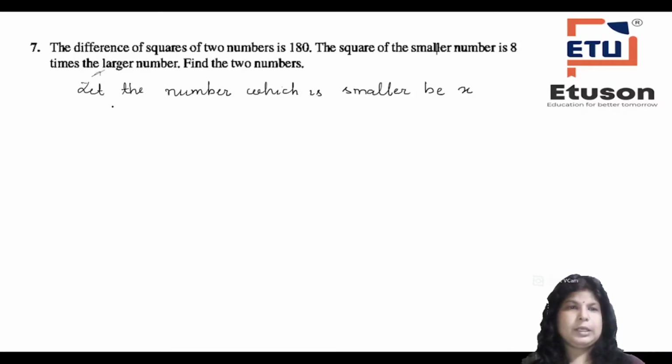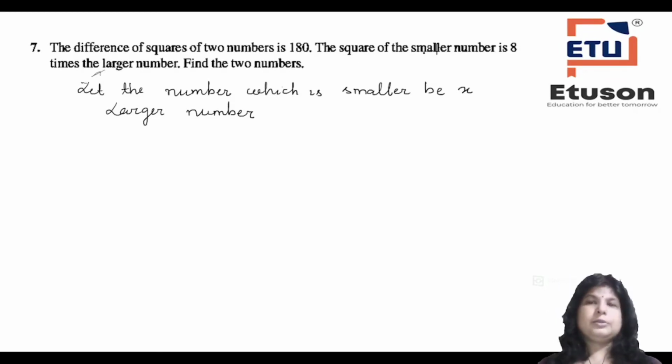Then what will be your larger number? The larger number is what you can get from the second statement. The square of the smaller number is x square. So that value is 8 times the larger number. So what will be your larger number? So the larger number will be x square divided by 8.